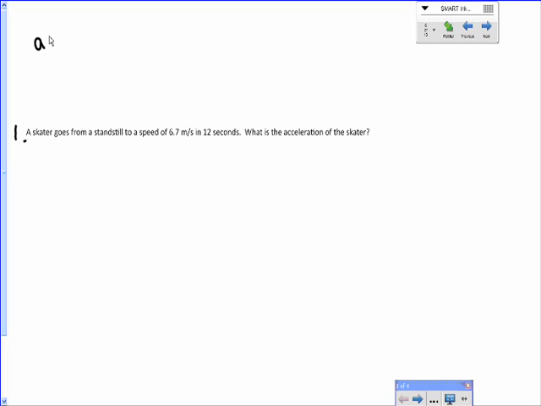Now remember, acceleration equals final velocity minus initial velocity. A lot of times this is how we'll write it: velocity final, velocity initial, divided by time. The final minus initial always equals change in V. So change in V is what you're going to see most of the time because it's just so much easier to write.